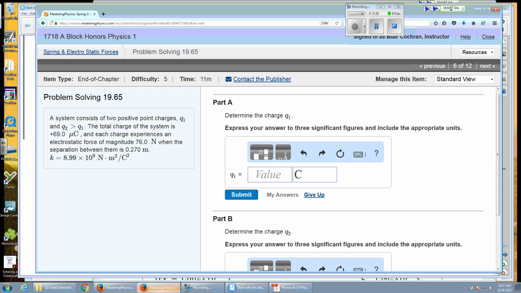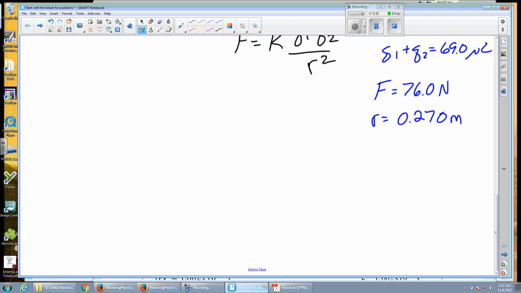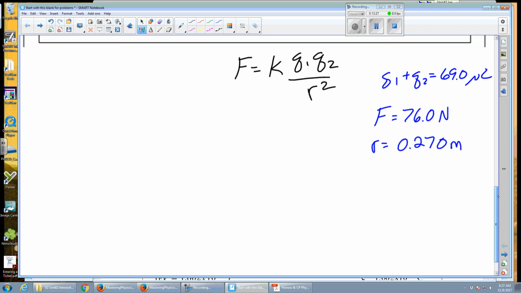Oh, so I know lots of things. Substituting in. Oops, we're going to run out of room. Move this all over.